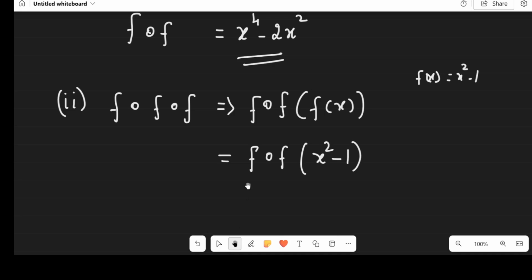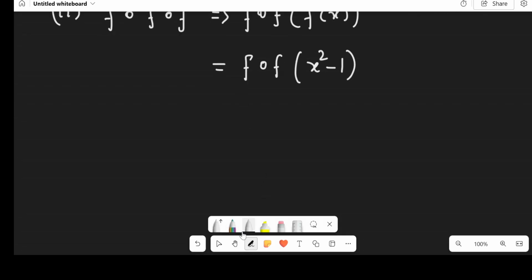Next, in the next step, what should be the next step? Here, what we are going to do is consider this part. Okay, here f is given, right? So we should consider the f of x formula.